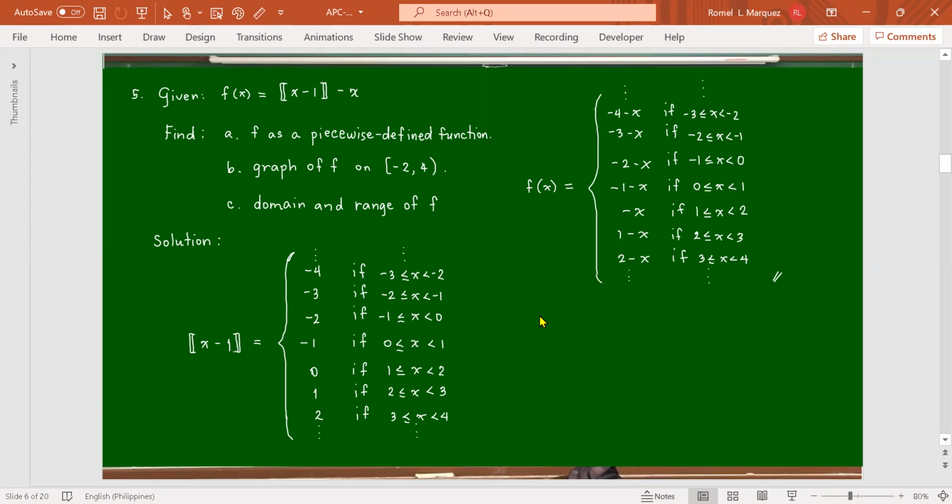Yes po. What about for the graph, no? For the graph, letter B. So this is letter A, graph. Letter B is graph.